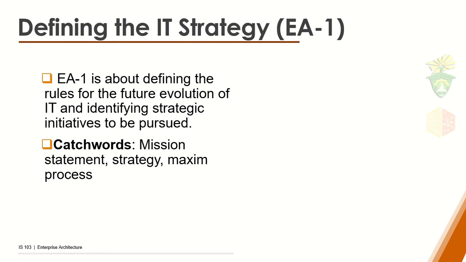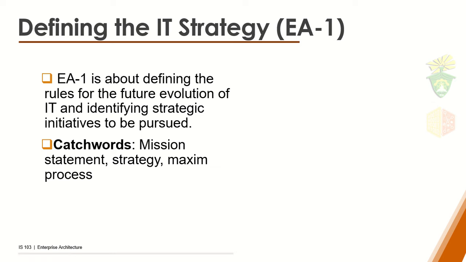The first activity is about defining the rules for the future evolution of IT and identifying strategic initiatives to be pursued. So basically, half of the activities of enterprise architecture are strategic by nature.